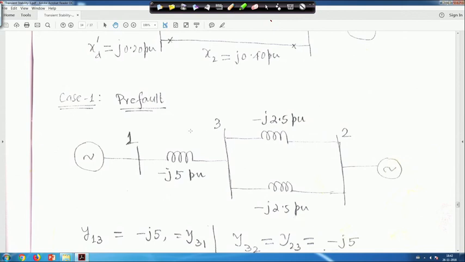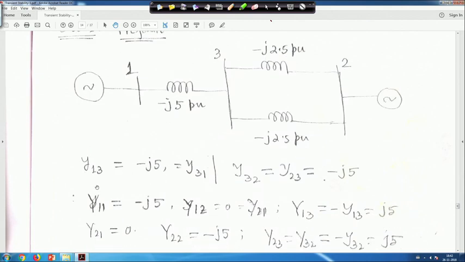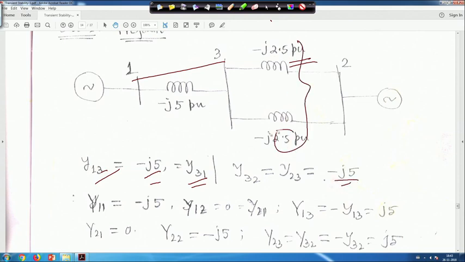So, in this case pre-fault, we first represent by small y, the way you do load flow studies. So, y13, that is 1 2 3, it is minus j5 is equal to y31, right. Now, y32 is equal to y23, it is a double circuit line. So, y32 is minus j5, because these two will be added, it is the admittance.